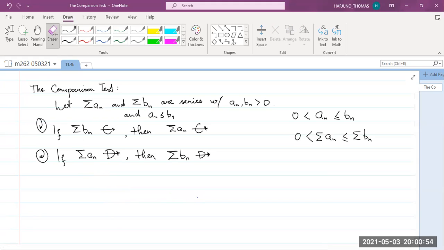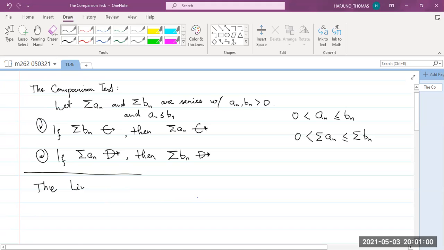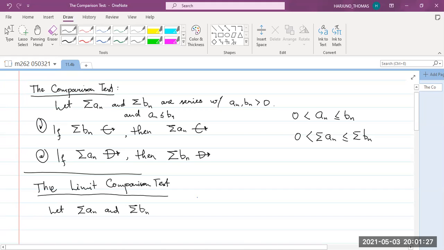Now, the second part is a more interesting one, the limit comparison test. That says let the series for A sub n and the series for B sub n be series with positive terms.